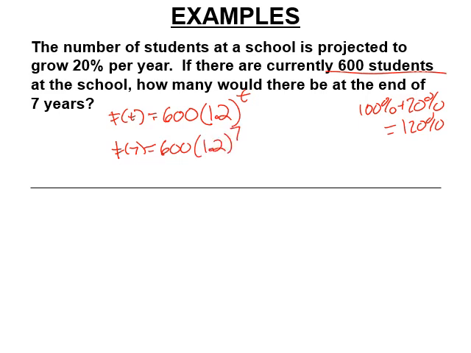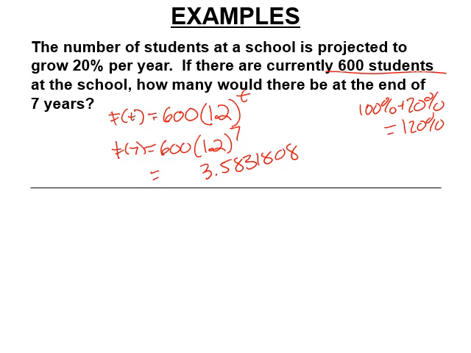All right, so I'm getting out my calculator, and 1.2 to the 7th is 3.583180. Right? You really don't want to do this without a calculator.